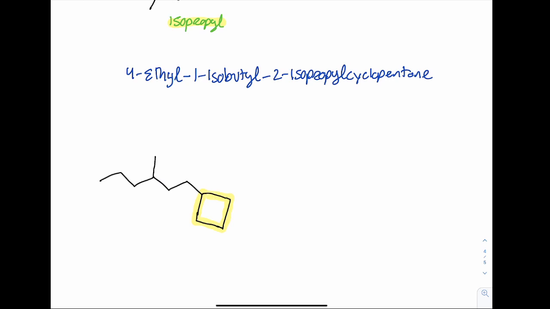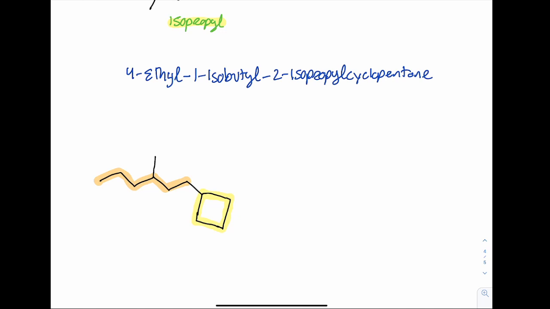If I look at the straight chain, this part, I have 1, 2, 3, 4, 5, 6 carbons in the orange highlighter. Since the 6 carbon straight chain part is bigger than the 4 carbon cyclic part, the straight chain part is going to be my parent. So whichever part is bigger becomes your parent.